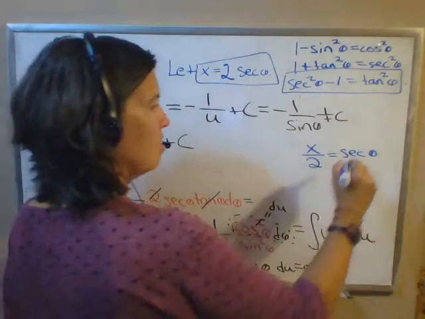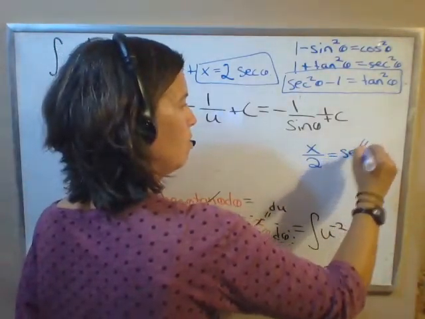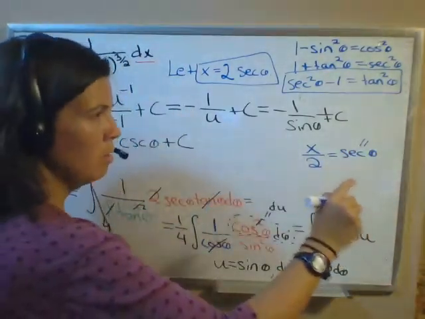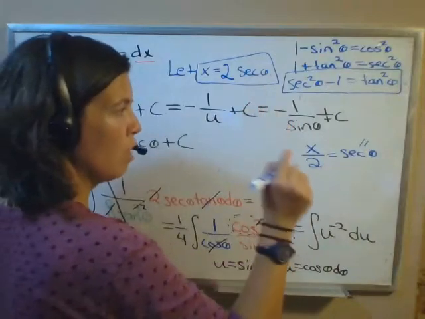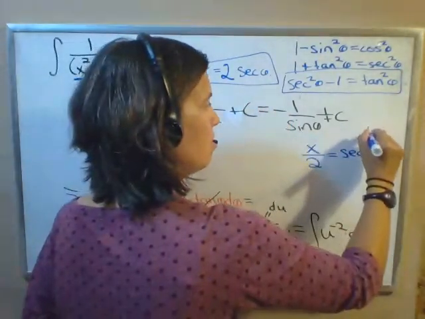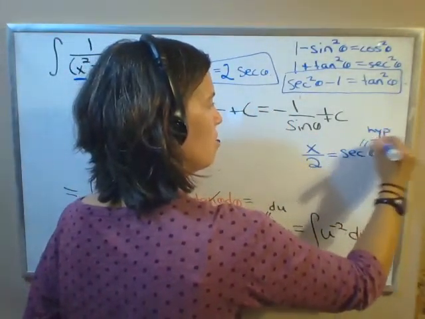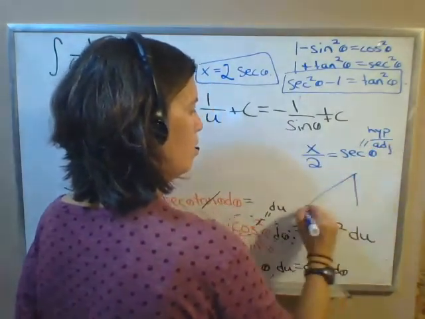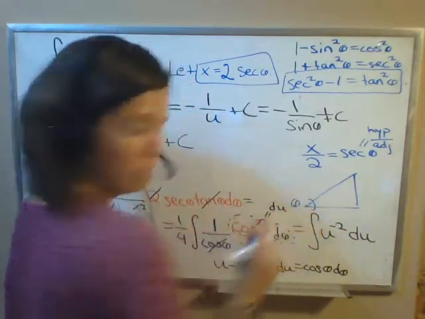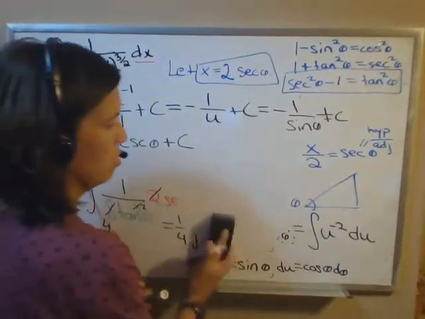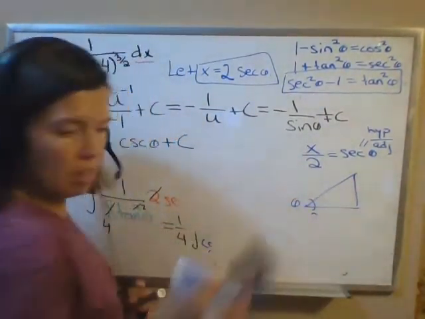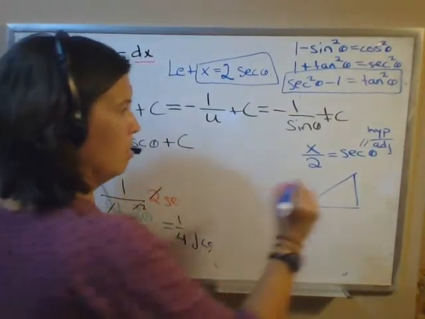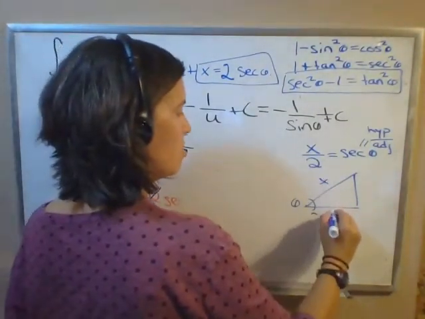So secant is the reciprocal of cosine. So the old SOHCAHTOA: if cosine is adjacent over hypotenuse, then secant is hypotenuse over adjacent. So if we draw a triangle with those labels, here's theta. Hypotenuse is x, adjacent side is 2.